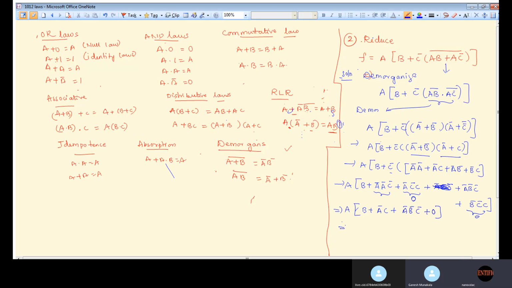So finally what you are getting is AB plus A bar C plus A bar B bar C plus A into 0, 0. So what is the final result, tell me? AB. Yes. So this will become 0 and this will become 0. Final result will be equal to AB.